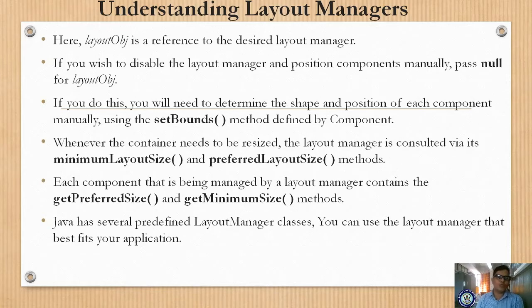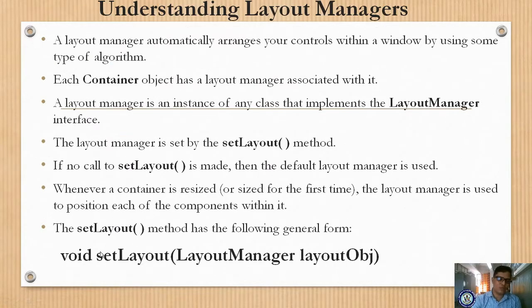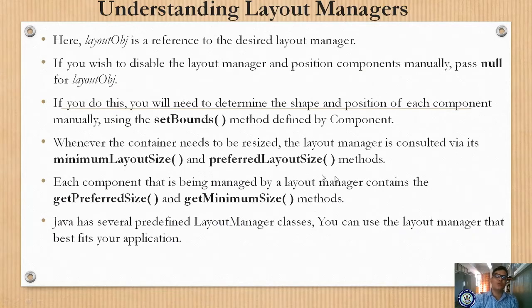If you do this, you will need to determine the shape and position of each component manually using the setBounds method defined by the component. So if you don't use the setLayout method, then you have to arrange your controls manually using the setBounds method. By using the setBounds method, you can place your control in your window.